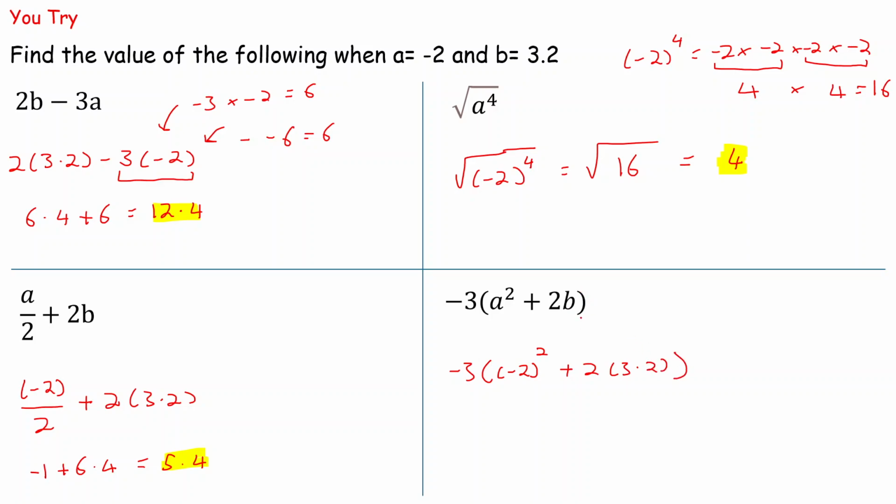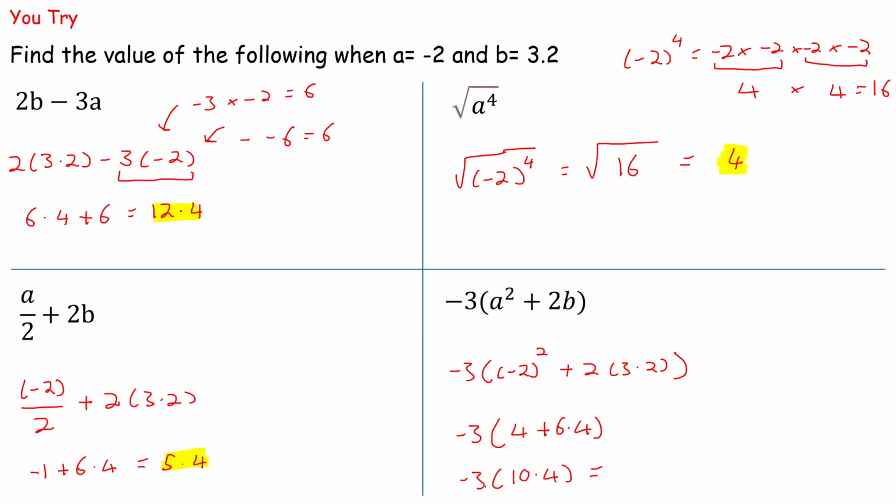There we go. So we've got that negative 3. We've then got our bracket. Minus 2 squared will give you plus 4. We've then got 2 times by 3.2, which is positive 6.4. Okay, so we go and look at our bracket. We've got minus 3, bracket 4 add 6.4 is equal to 10.4.